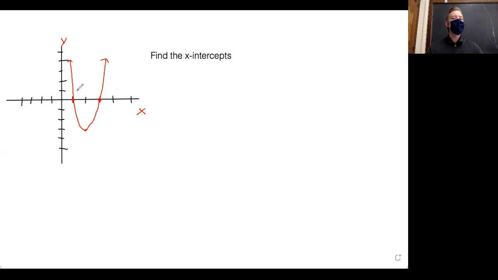So we are going to write it as a point, not just the number 1, but as (1, 0), because this point is one space to the right, but it has not moved up or down at all. It's still on the x-axis, and so the y value there is going to be 0.